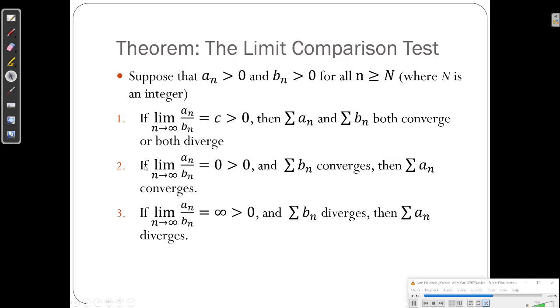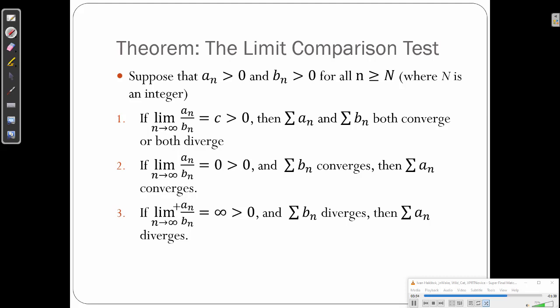Now, these other two cases are basically just what happens if it goes to 0, so one's increasing more quickly than the other. If it goes to 0, but the bottom still converges, so the bottom increases more quickly than the top, but the bottom still converges, well, that means the top has to converge as well, because the top's not going to infinity if the bottom outgrew it and was convergent.